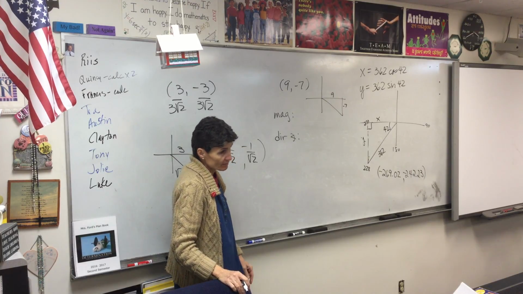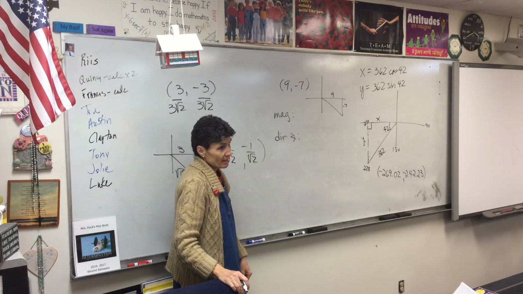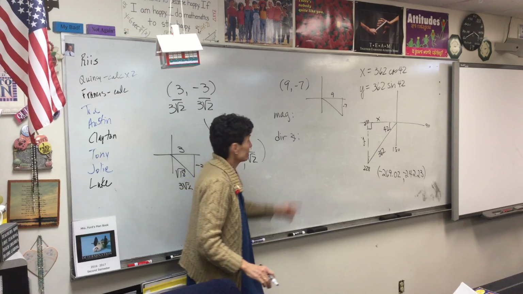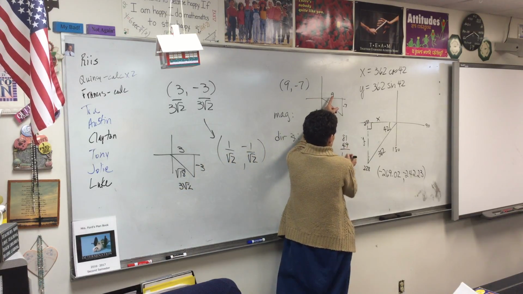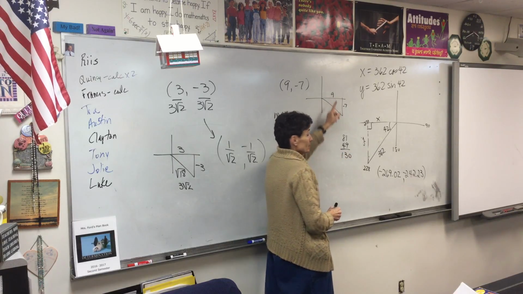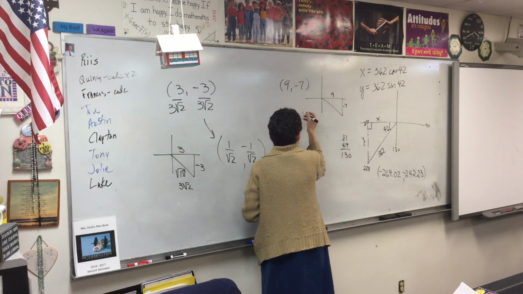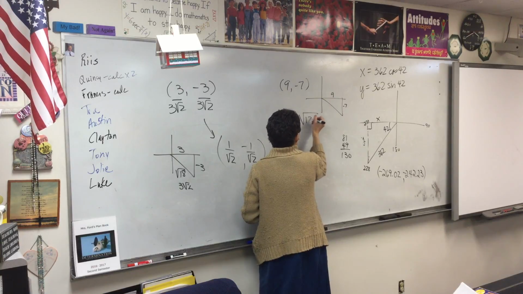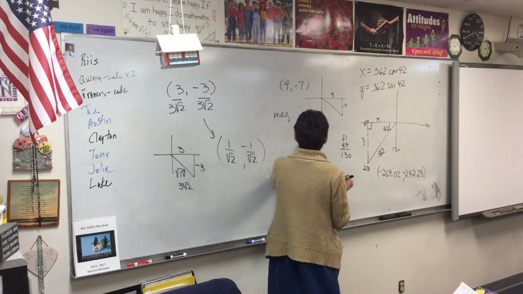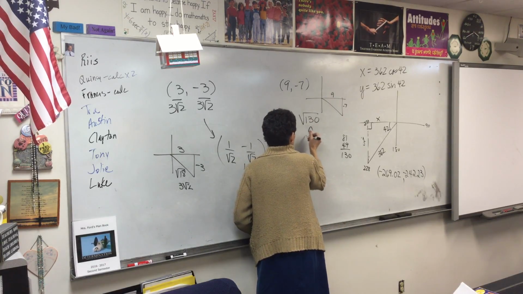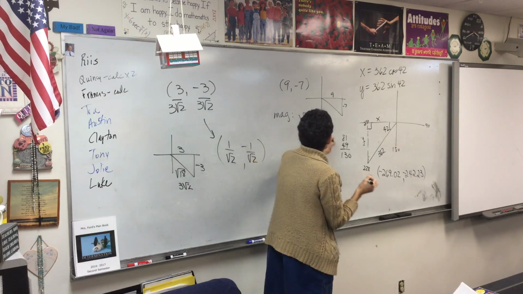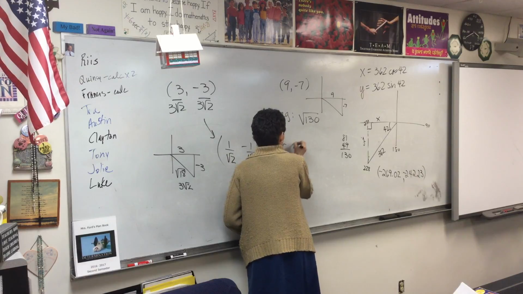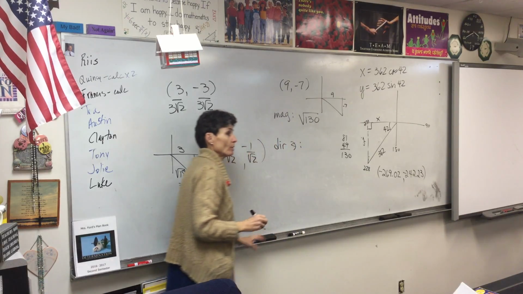We've done about a million of these. The Pythagorean theorem would say 81 plus 49, 130. So the magnitude would be the square root of 130, which is 2 times 65. I don't think that breaks down, so it's just the square root of 130.